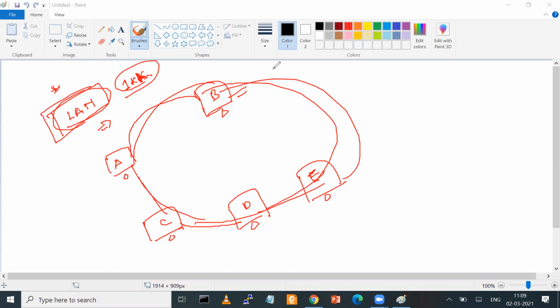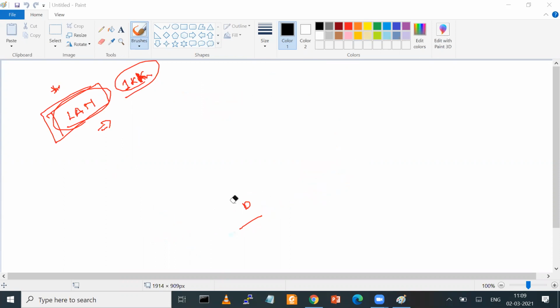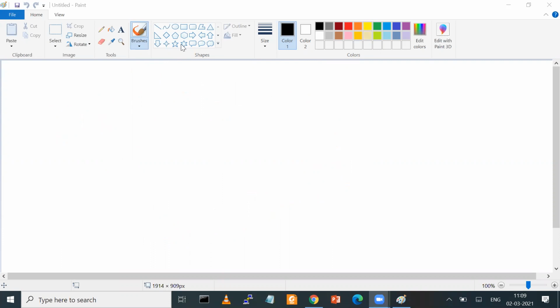So in general, we only have two kinds of network, LAN and WAN. First is your LAN and your WAN. But when we understand the types of network, there are other categories also, like LAN, CAN is also there.